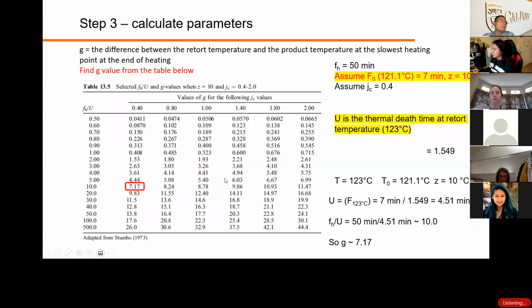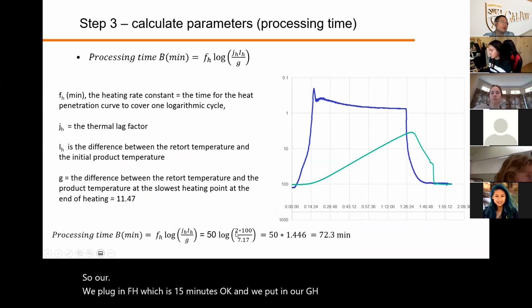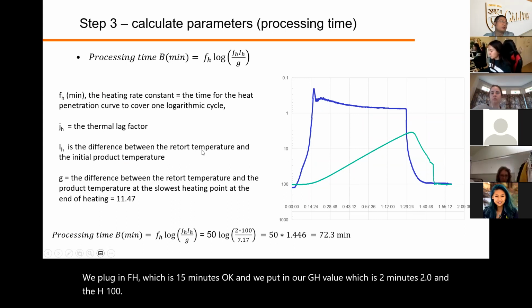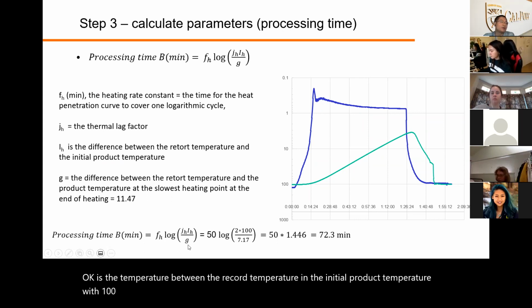Then we can put everything back into our initial equation. We plug in FH, which is 50 minutes, and then our JH value, which is 2.0, and the IH of 100, which is the temperature difference between the retort temperature and the initial product temperature, 100 degrees C. And the G value, which we just found, was 7.17.